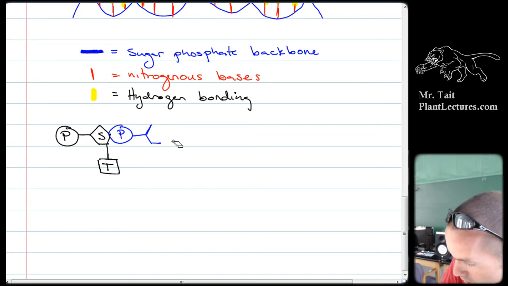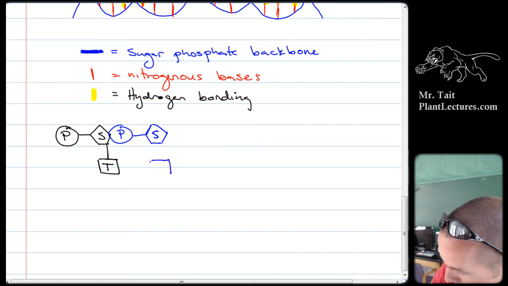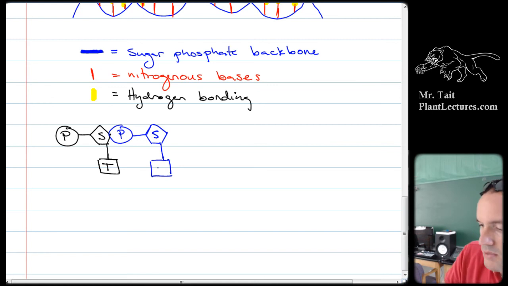Here's the next sugar. And then there's the next nitrogenous base. And let's say this one is, I don't know, guanine or something like that. And then we'll draw one more of these guys. So here's a phosphate group. Here's the sugar.